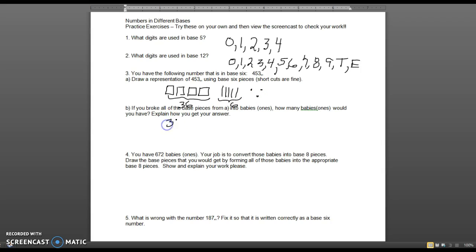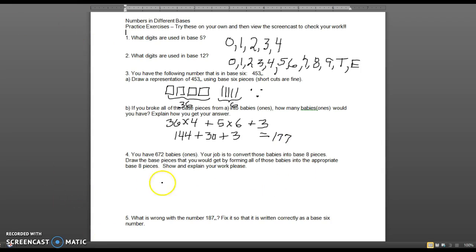So 36 times 4 plus 5 times 6 plus 3, and let's see if I can do this without a calculator. 144 plus 30 plus 3 is going to be 177.